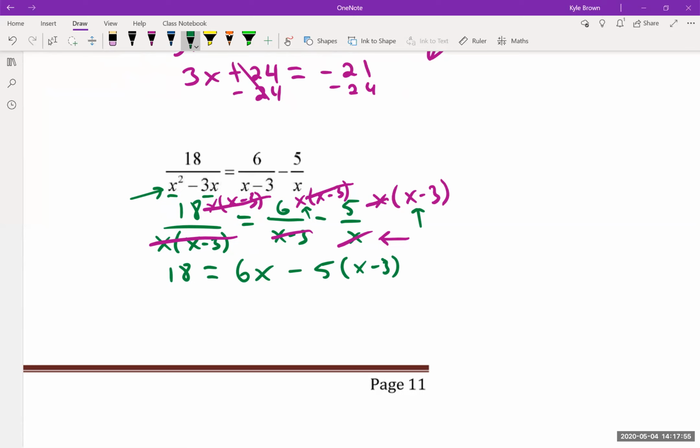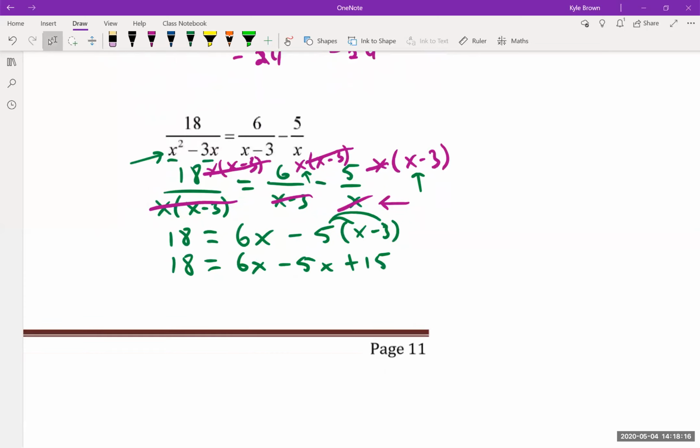I'm going to expand that negative 5 into both of those. So we'll have 18 is equal to 6x, and then negative 5 times x is just negative 5x. Negative 5 times negative 3 is positive 15.